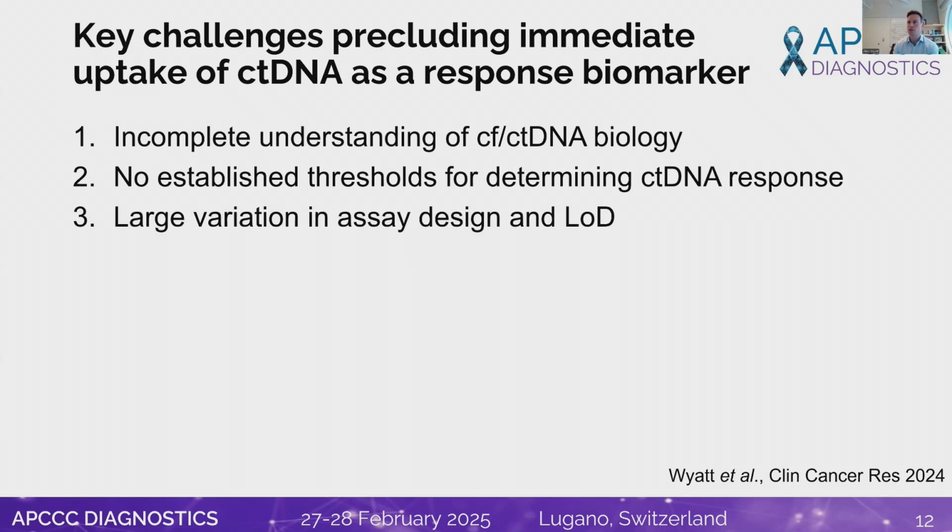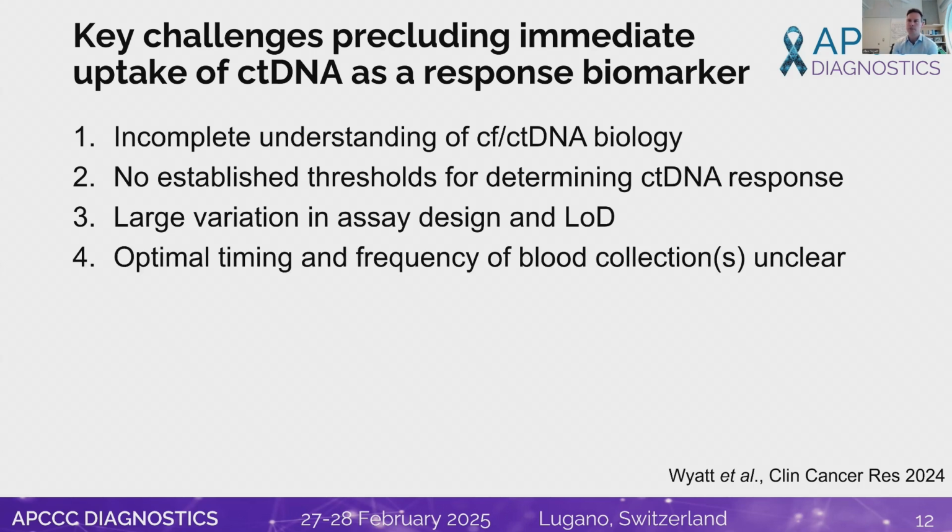Linked, of course, is that we have large variation in the assays that we're using across studies, each with different limits of detection. And we also don't know when is the best timing for blood collection. Typically, we look when it's convenient, right? End of a cycle, start of another cycle, but it could be days after treatment initiation.